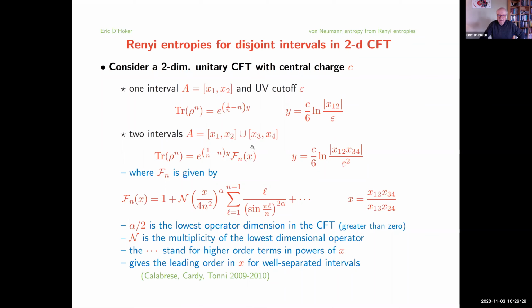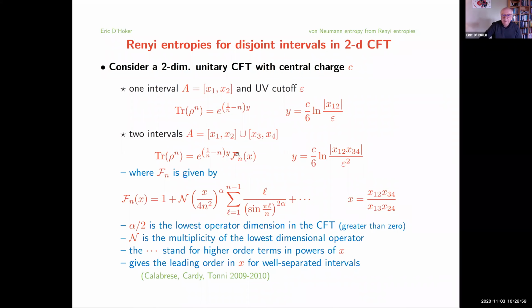And in a conformal field theory, that makes sense. For two intervals, namely 4 points, there is a single independent cross ratio, x. So in general, you can have a non-trivial function here, fn of x, which depends on what the CFT is. It's not a universal function like we had here.